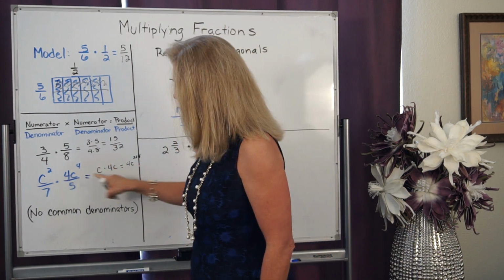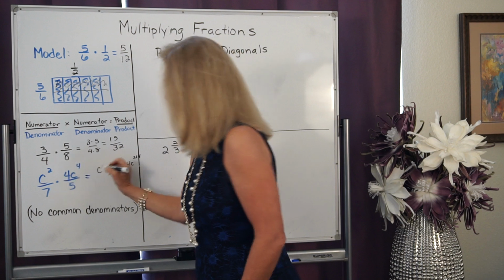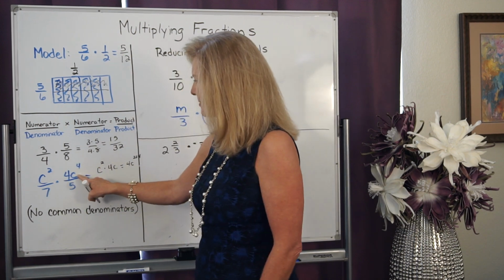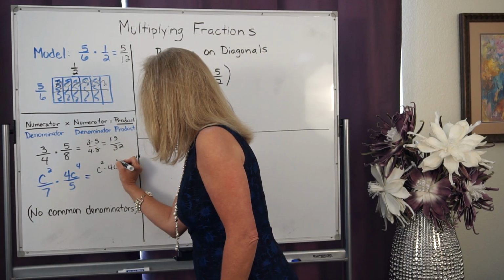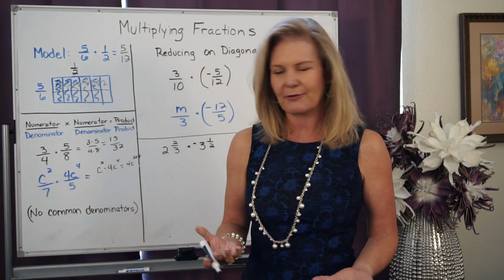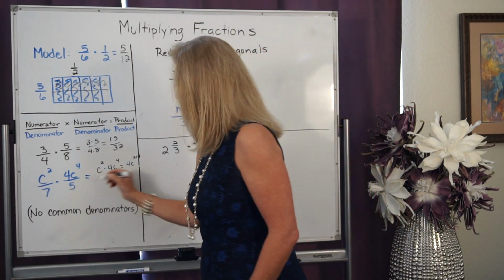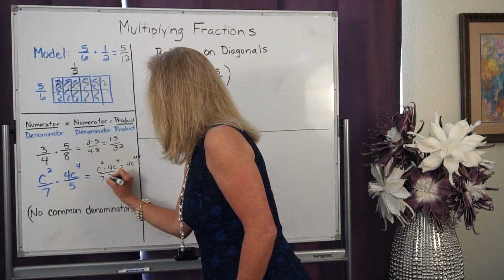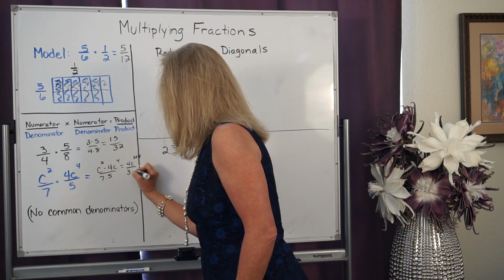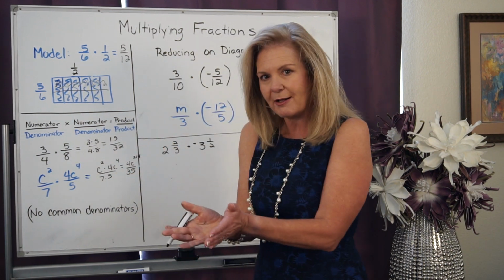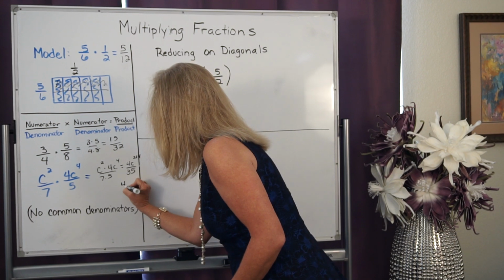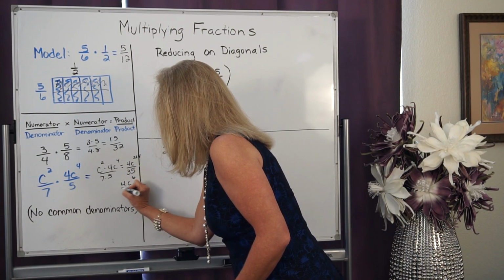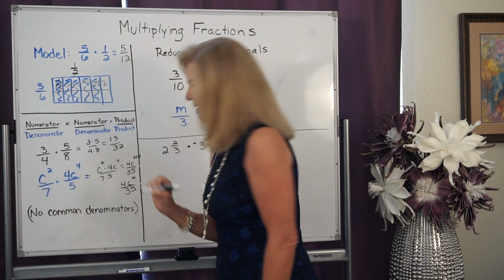Now remember, I only wrote c there, and I needed to have that square there, and I only wrote c there, and I needed to have that 4 there. That's how I got those exponents. Now the bottom still remains the same, 7 times 5, so that becomes 35, and when I put it all together, I get 4c to the 6th power over 35.